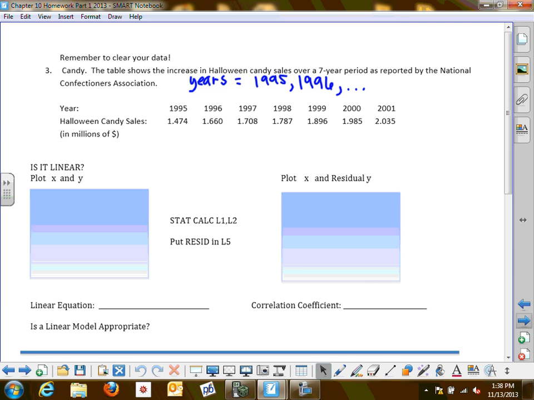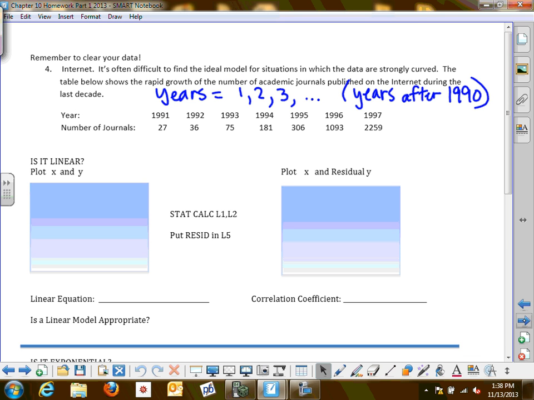On number 4, I actually changed it up. I did the years as the years past 1990, so for the x numbers you're going to put 1, 2, 3, and so on.